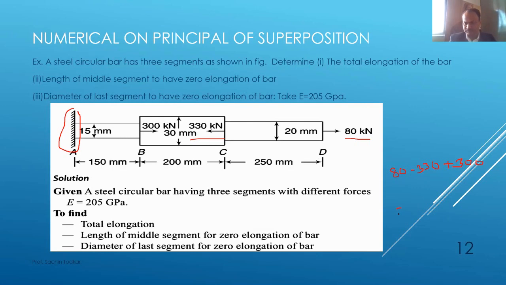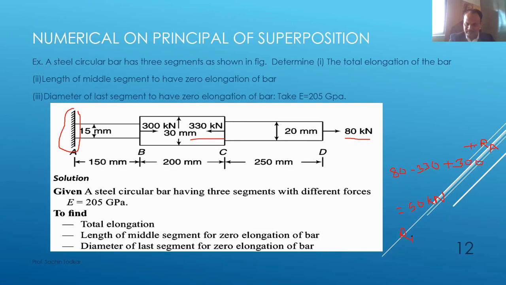It will be equal to 50 kilonewton. Correct? Okay. Plus reaction at A is equal to 50 kilonewton. So 80 minus 330 plus 300 plus reaction at A is equal to 50 kilonewton. So reaction at A will be equal to minus 50 kilonewton.